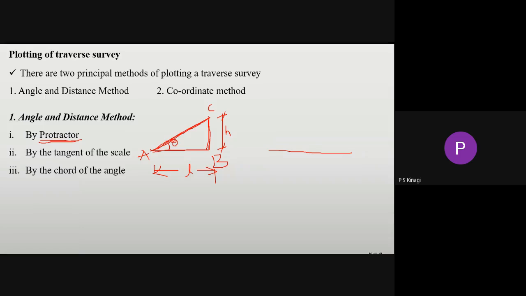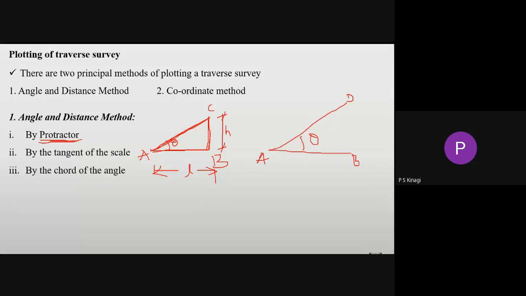This is A, this is B, and suppose there is a point D. So this is our AD line, and we have to draw this one at an angle of theta.